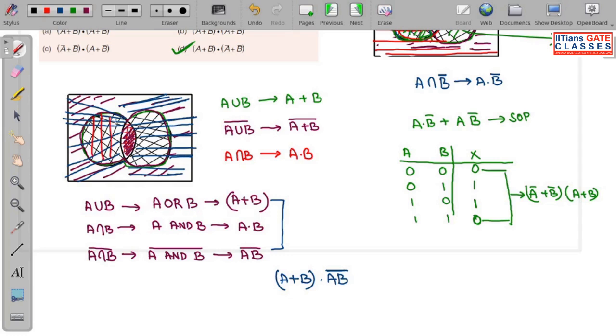You can see the common area is the region that I actually want. Now simply by applying De Morgan's rule, I get (A plus B) into (A complement plus B complement), which is my option D.